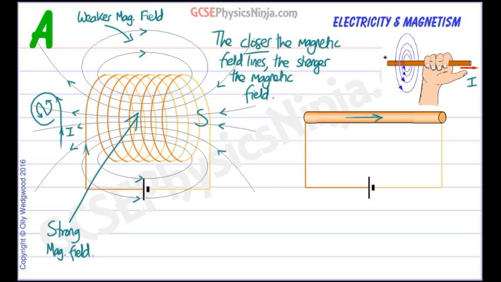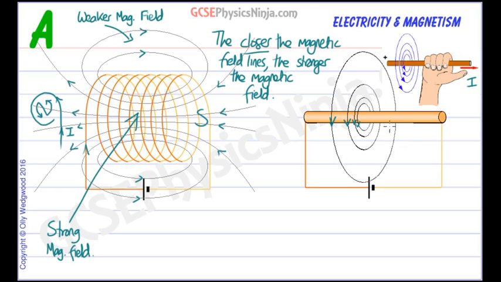Wrap your fingers around as if you're holding the conductor, and the direction that your fingers curl will be the direction of the magnetic field, which will be circular around the conductor. So let's put those on now. So we know that the direction is going like this, around the conductor, and that's a circular magnetic field.